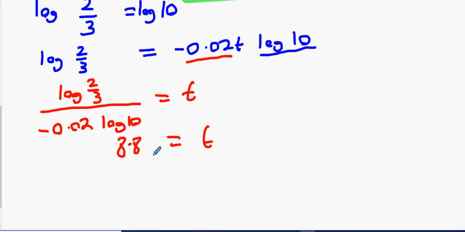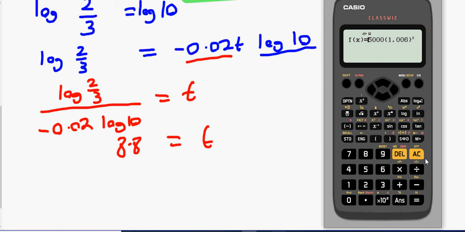Alright. Any way of verifying our answer? How could you verify your answer, lads? 15 plus 30 multiplied by 10 to the power of minus 0.02, is it? Minus 0.02, and then alpha x. You with that?